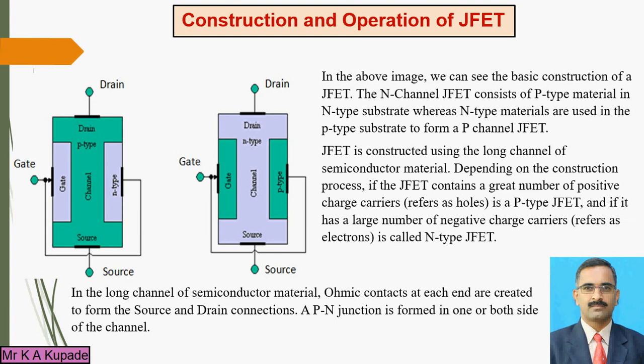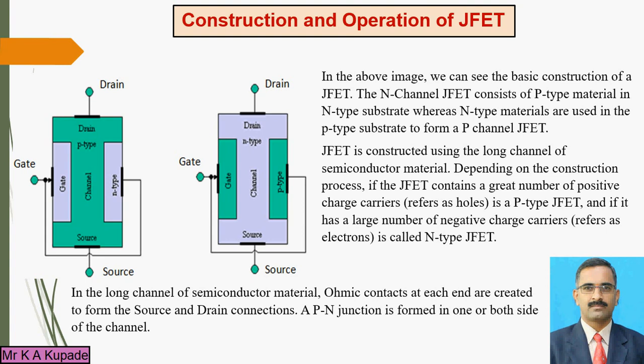If you are considering the P-type JFET, then the holes are the charge carriers for that semiconductor bar. If you are considering the semiconductor bar as the N channel, then electrons are the charge carriers, present in large number in that JFET.